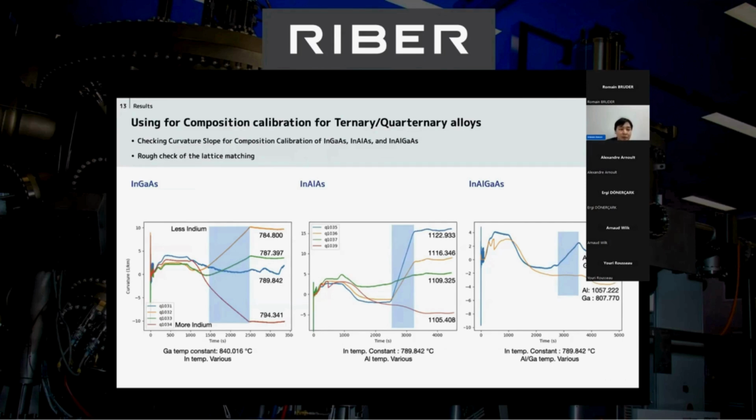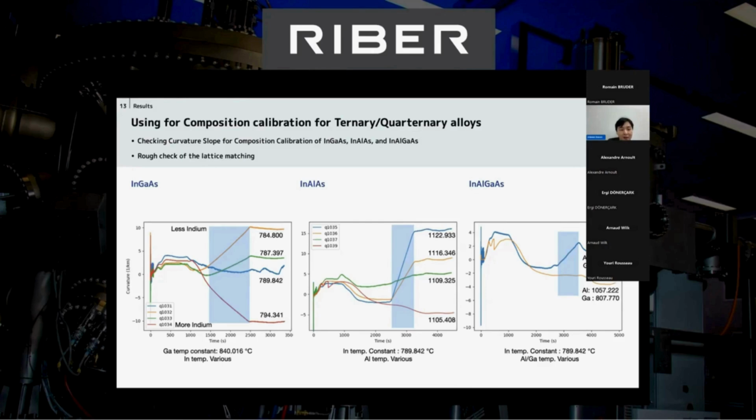First of all, we check the indium gallium arsenide, and then you can see the change of the gallium indium cell temperature from 794 to 784.